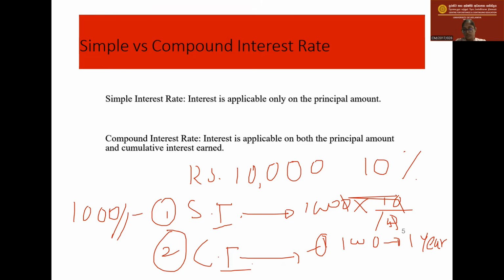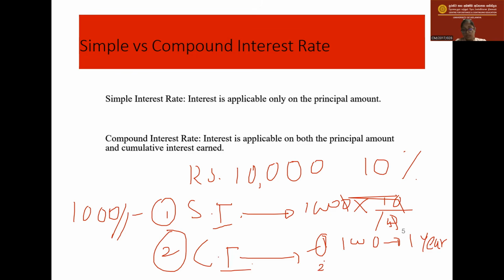Therefore, in the first year, what is our interest? Same as the simple interest calculation, right? 10,000 multiplied by 10%, because that's the principal amount. Therefore, the interest in that particular 1 year is only 1,000.